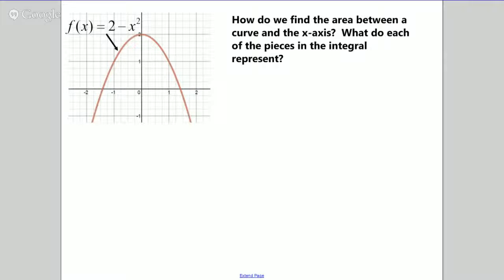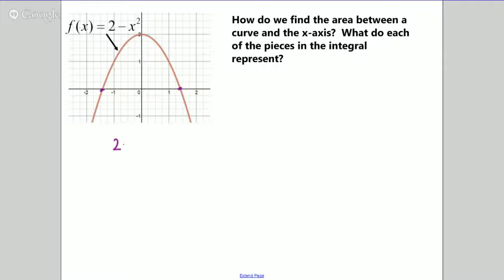All right. In this case, let's take a look at the area above the x-axis here. So the first thing I want to do is find where the curve intersects with the x-axis, right? So essentially where the curve intersects with the line y equals 0.